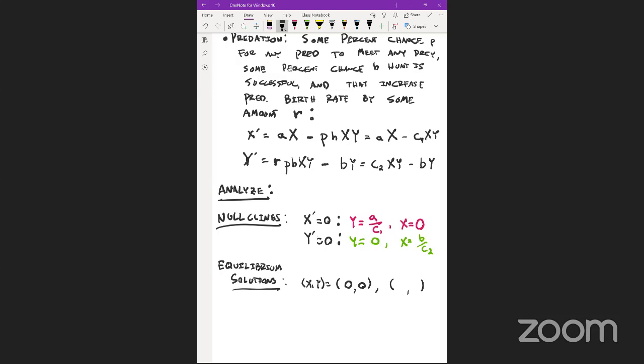So it's going to be b over c2, a over c1. Let's make sure.